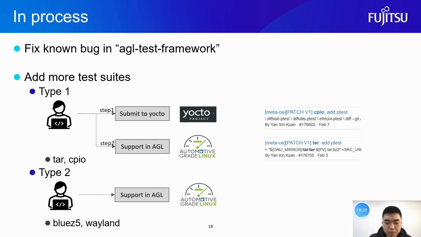We have submitted patches to the yocto community, still waiting for the review of the yocto community, and later on, we will add support for them in the AGL test framework. The second category is the test suites that ptest already supports, then we just need to add them, for example, BlueZ5 and Wayland, into our test framework.